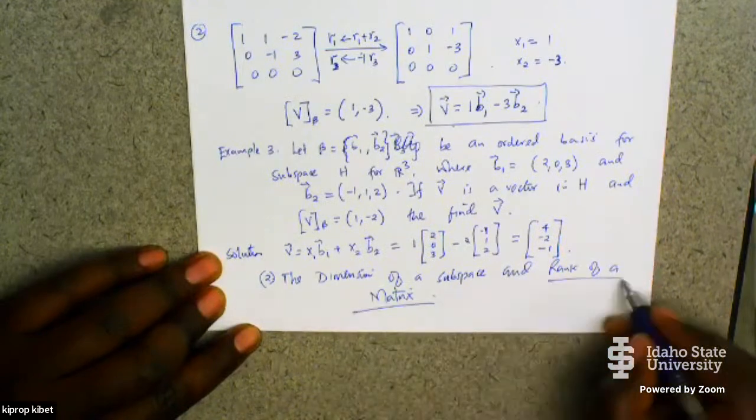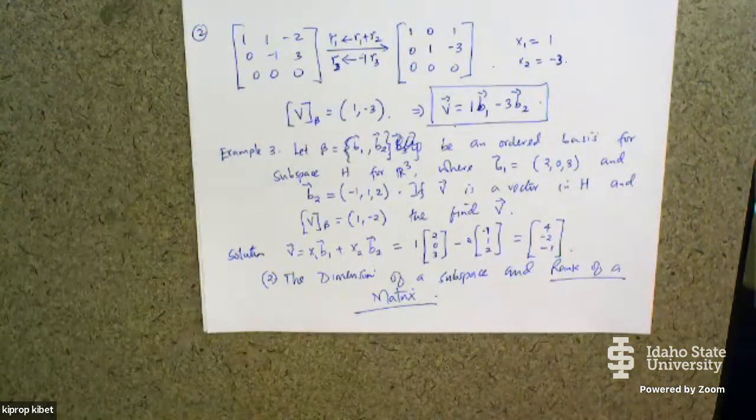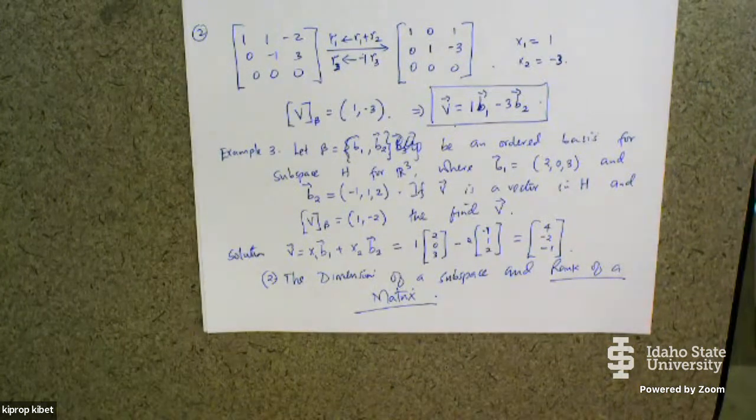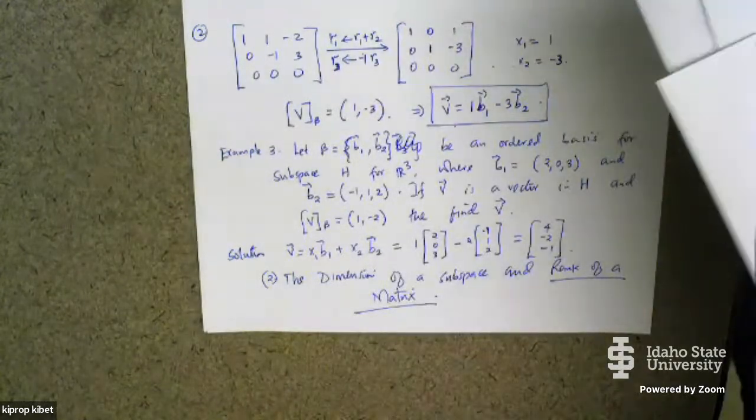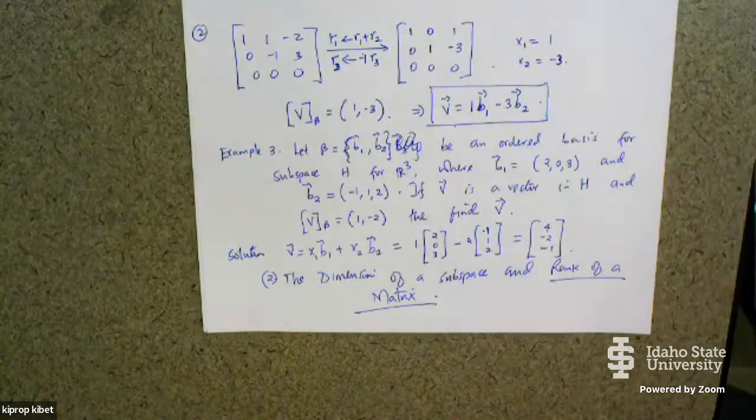So rank is just the number of basis vectors in the column space. Like previously, look at what we just saw here.